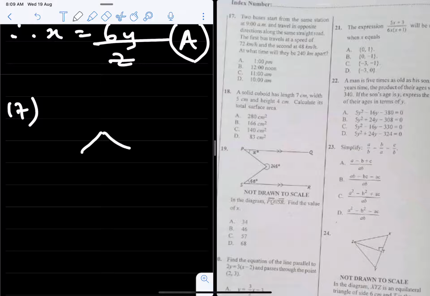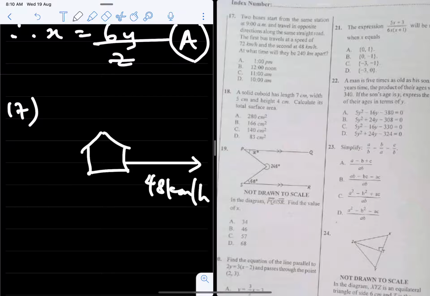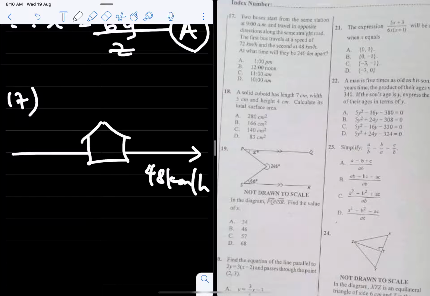Okay, let this be the station from which they started their journeys. Let this be the first bus, which moved at a speed of 48 kilometers per hour, and this be the second bus, which moved at a speed of 72 kilometers per hour.